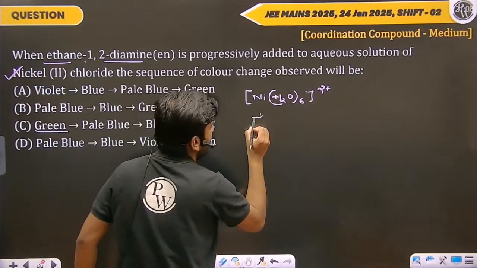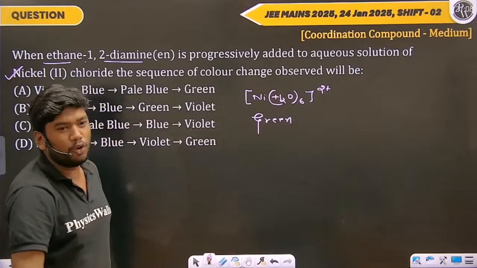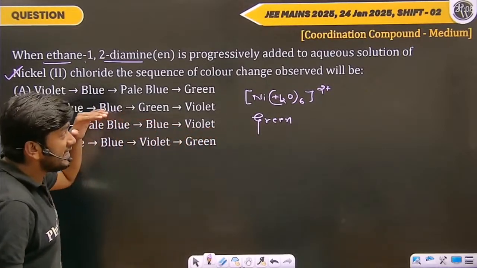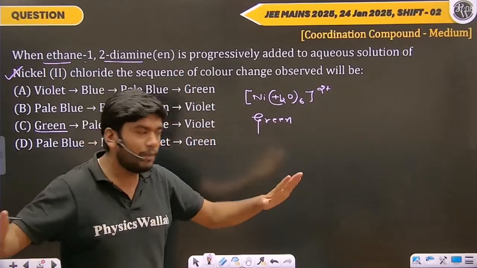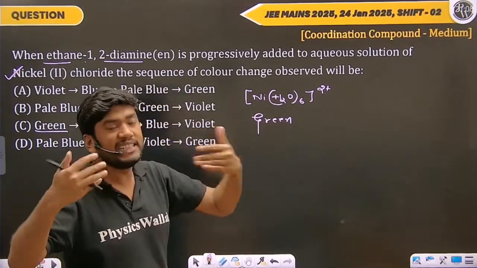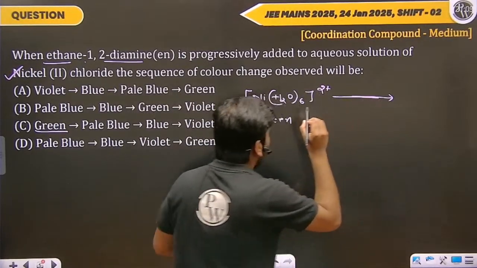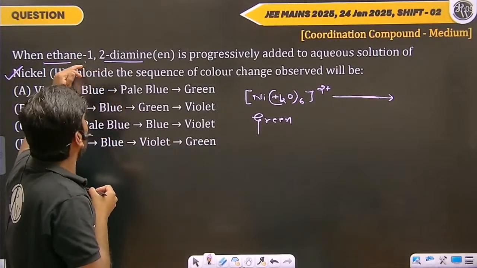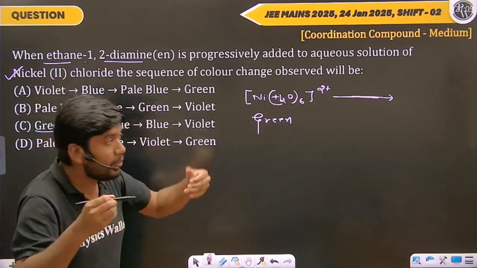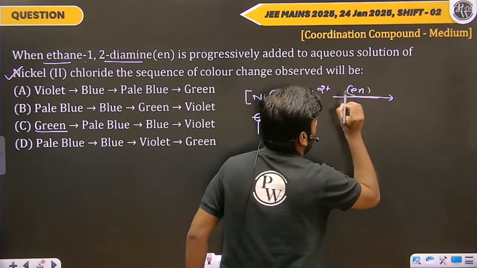If we see the NCERT, I think page number 135 of the old NCERT, you will get exactly the same color, same pattern, so no real problem related to the complex and its color. Then we add progressively 1,2-diamine, which I write as en in short.